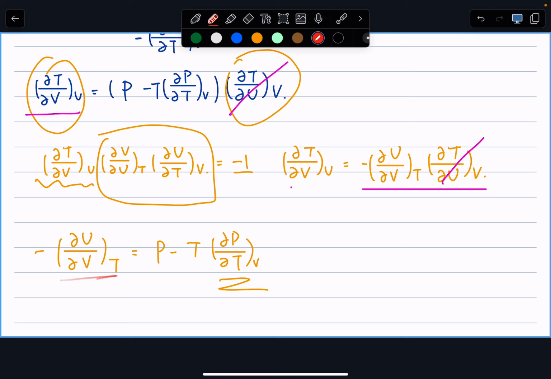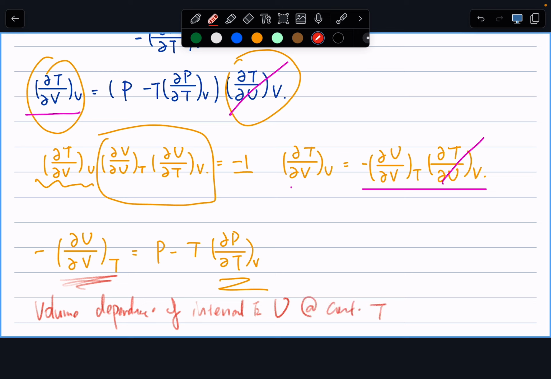I'm just trying to show, from this point, I asked myself, what is this partial differential equation? On the left-hand side, this is the volume dependence of internal energy at constant temperature.